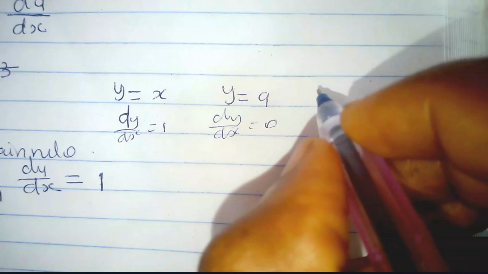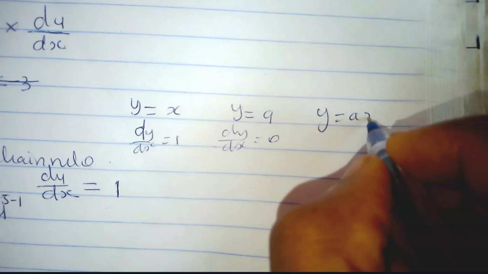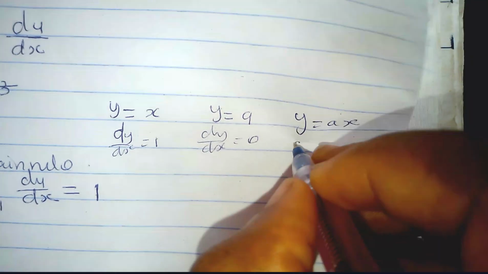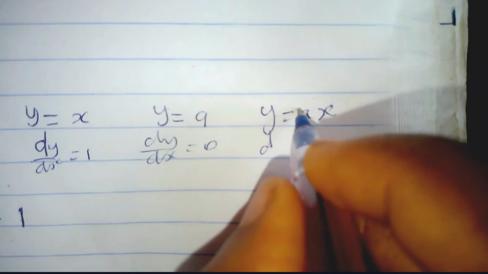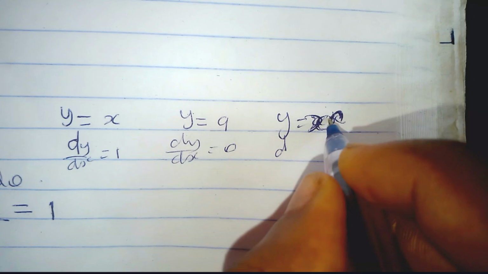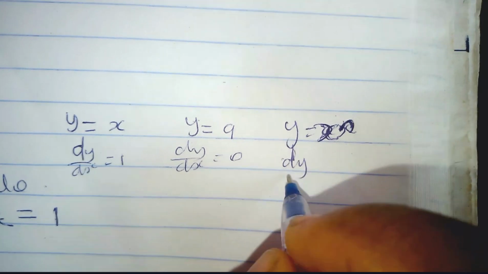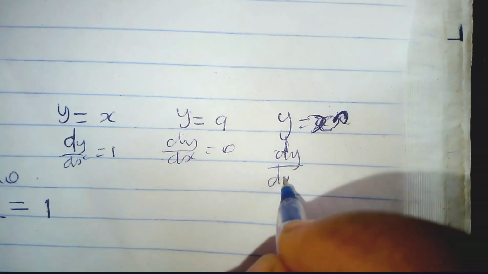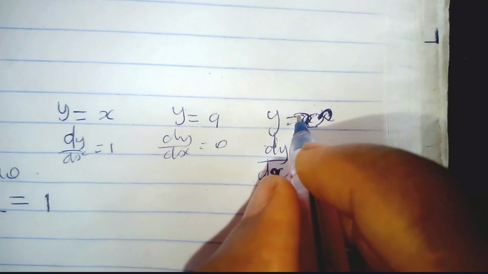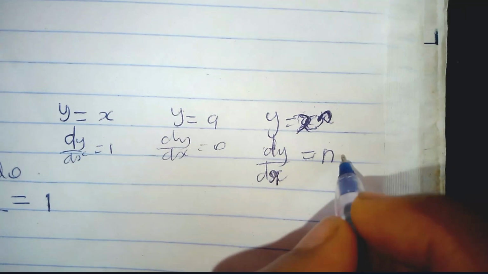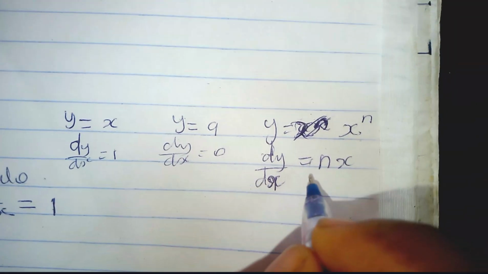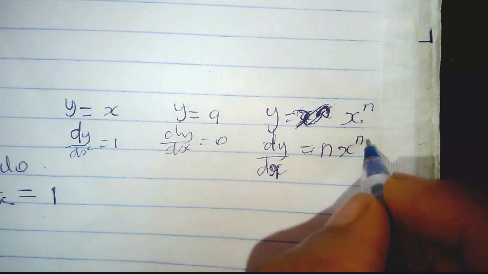Remember the rule of differentiation: if y is equal to x raised to power n, then dy/dx is going to be n times x raised to power n minus 1.